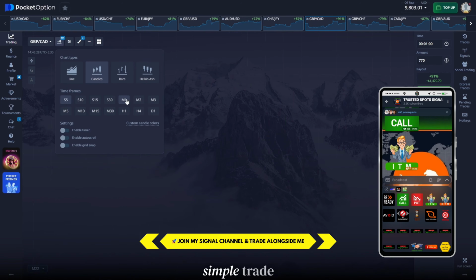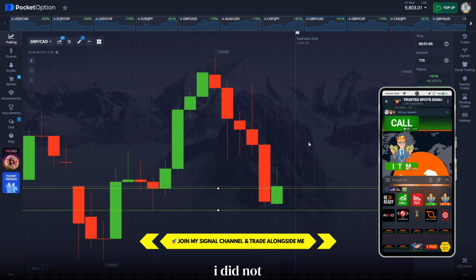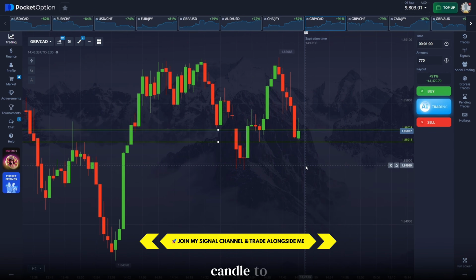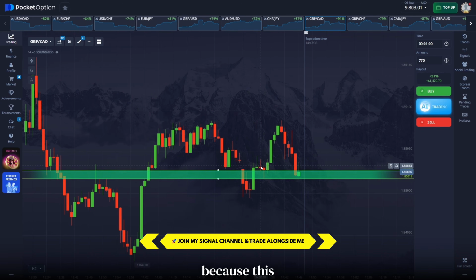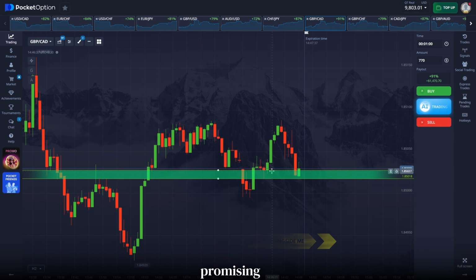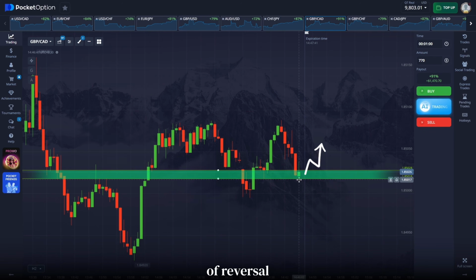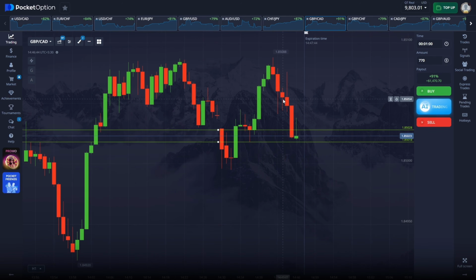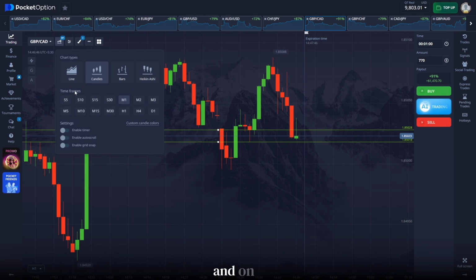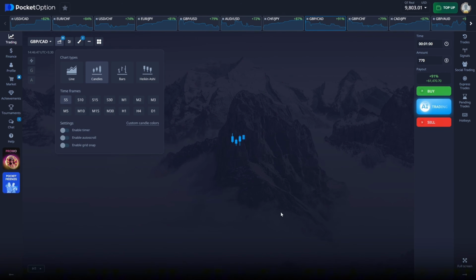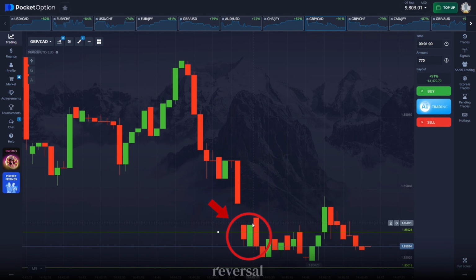So it's a simple trade setup. I did not wait for the 1 minute candle to close here, because this particular zone was promising to me, and as this is a recent support, chances of reversal were very high. Price hit the support, and on the 5-second chart, it instantly formed a reversal pattern.